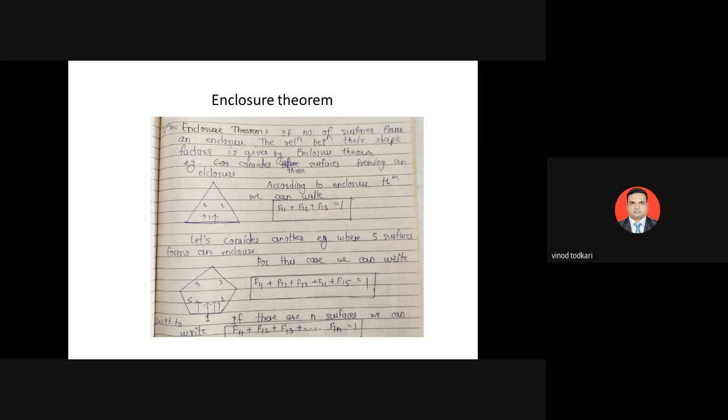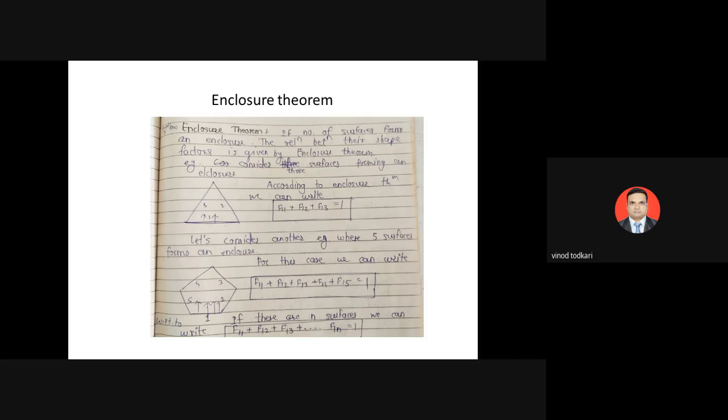If there are 7 surfaces, the equation will be F11 plus F12 plus F13 plus F14 plus F15 plus F16 plus F17 equal to 1. And we need not write the equation starting with 1. We can write it starting with 2 also. For 5 surfaces, it would be F21 plus F22 plus F23 plus F24 plus F25 is equal to 1.